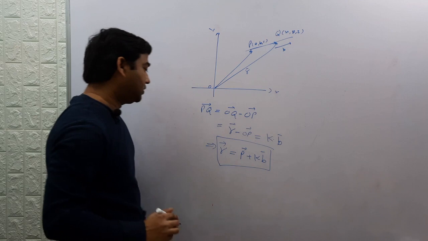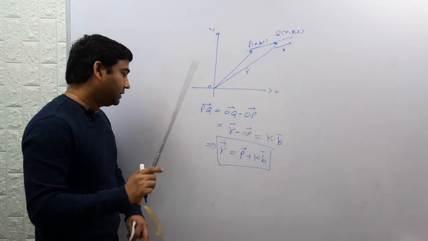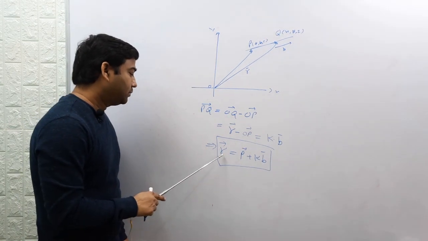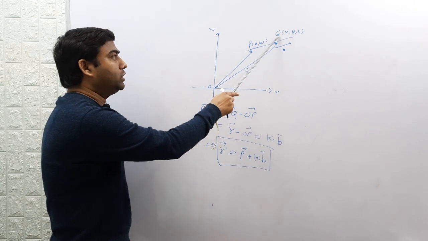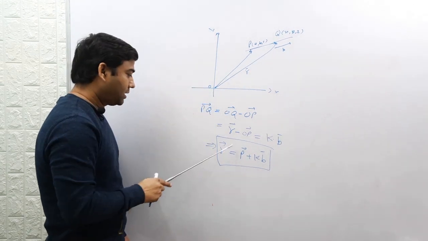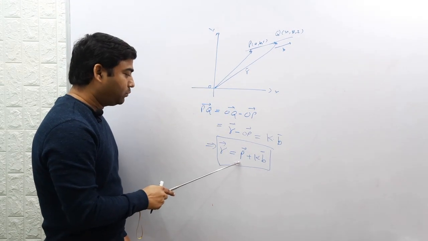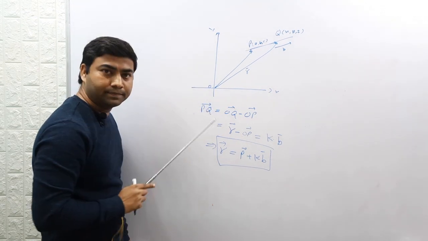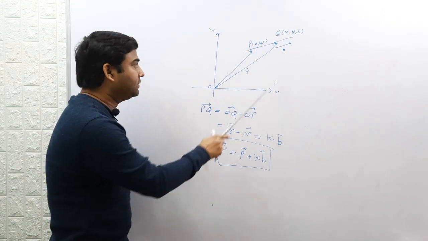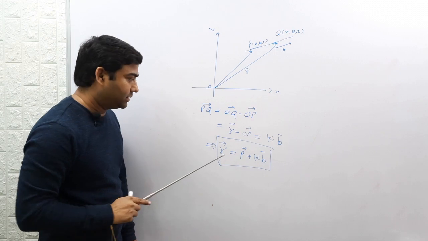This is the vector equation of a line. Here R represents the position vector of a general point on the line, P is the given point A, B, C, and B is a given vector parallel to the line.